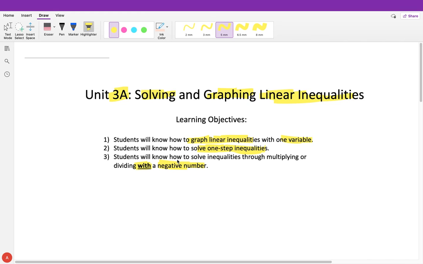Right, because there's a special rule and a special thing that we have to do when we're solving inequalities where our coefficient is a negative value. So those are the three things that you should know how to do by the end of this video. And remember, it's just a basic understanding of it and not expecting you to be able to master it just because you watch this video. But let's go ahead and get started with the graphing of inequalities first before we get to solving.